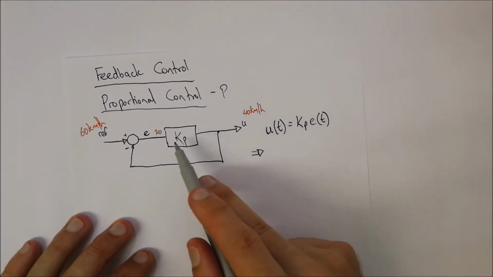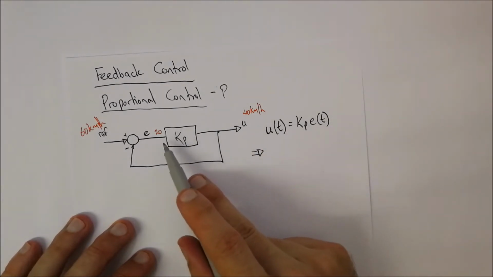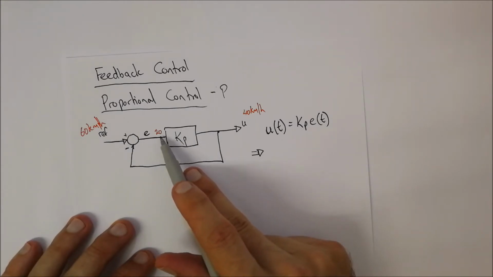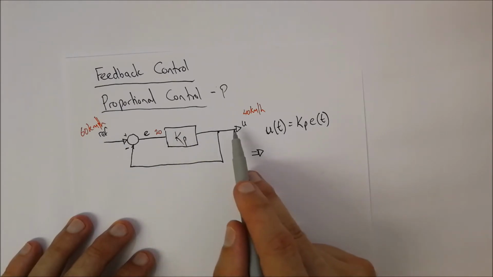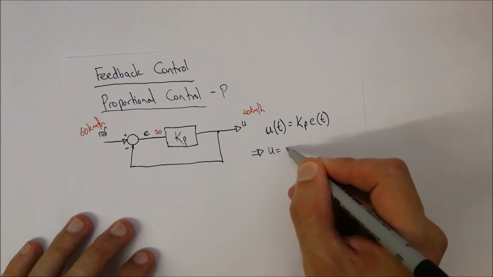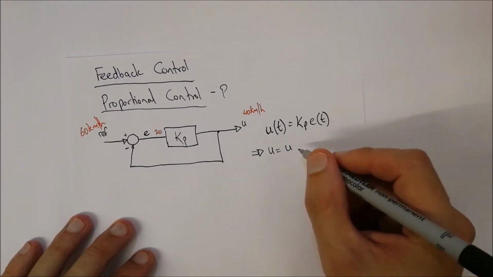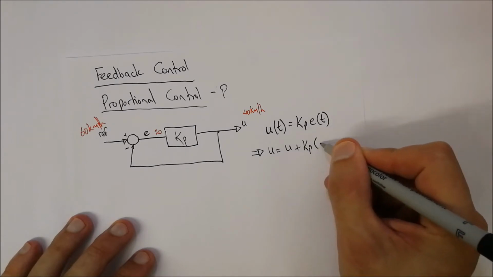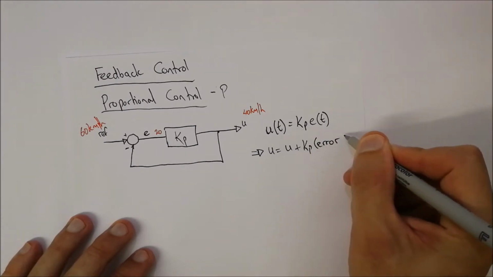Okay. And essentially, as we saw over here, Kp in this scenario was equal to 1, multiplied by that 20, which was our error, gives you 20. So that means that we need to say the output U is equal to what U was plus Kp multiplied by the error.